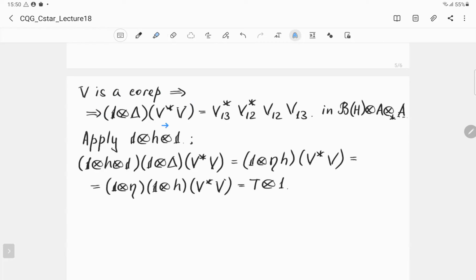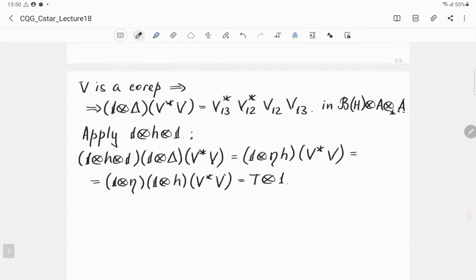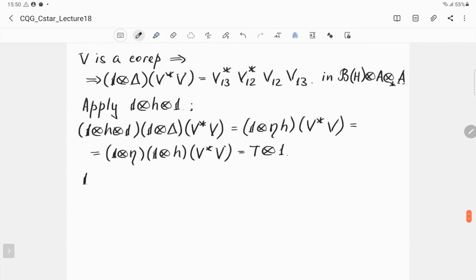And now let's apply the same operator to the right-hand side of the same equality. 1 tensor H tensor 1 applied to V13 star, V12 star, V12, V13. So what is this?